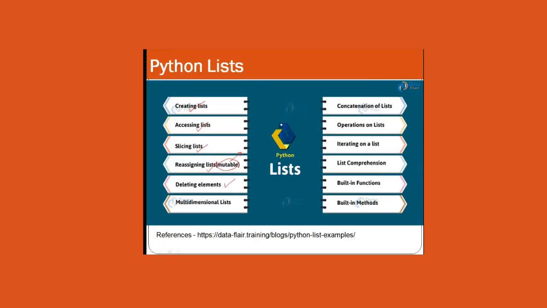You can delete a particular element, you can delete a number of elements in one go, or you can delete the complete list. You can have a multi-dimensional list also. Then we will be talking about concatenation, operations on the list, and iterating on a list, how to access the elements of the list one by one. List comprehension we will be doing.